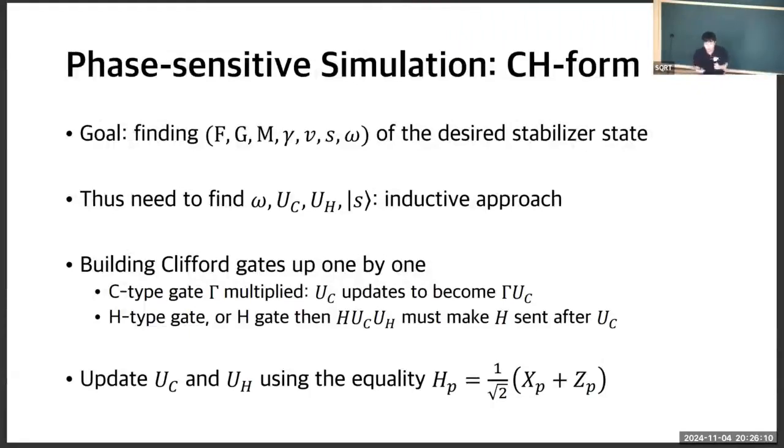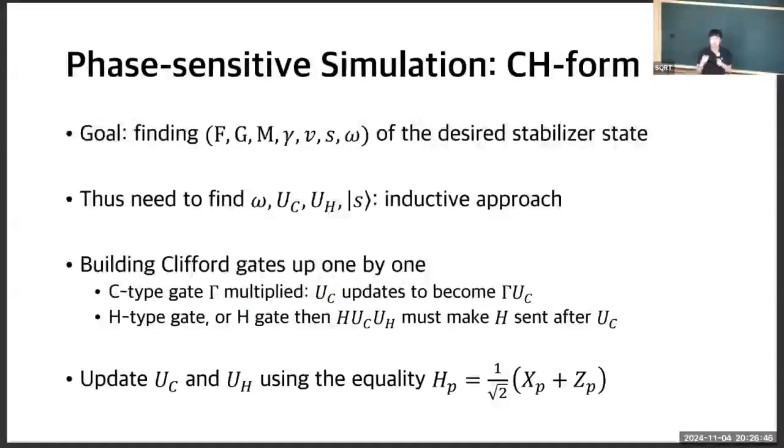So if we start with 0, then if we have one C-type gate applied, then we can update UC to gamma UC. And of course, there is no UC realized in that simulation because they are just virtually stored in F, G, M, gamma. So we can just change F, G, M, and gamma according to that C-type gate. And for an H-type gate also, we need to apply that to the left of the UC, but we need to store that H to the second one, right?